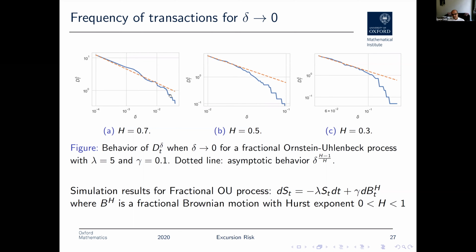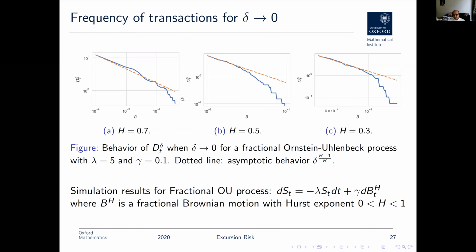So the blue is the simulation, and the orange is the asymptotic behavior according to the formula I showed you earlier. Remember, this asymptotic behavior is only valid when delta goes to 0. So we want to see what delta goes to 0 means. Is it 1 day? Is it 1 second? Is it 1 minute?